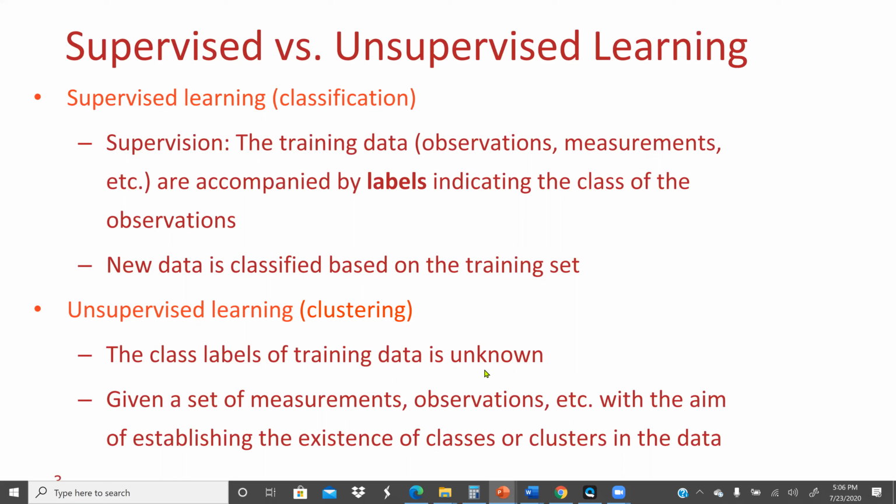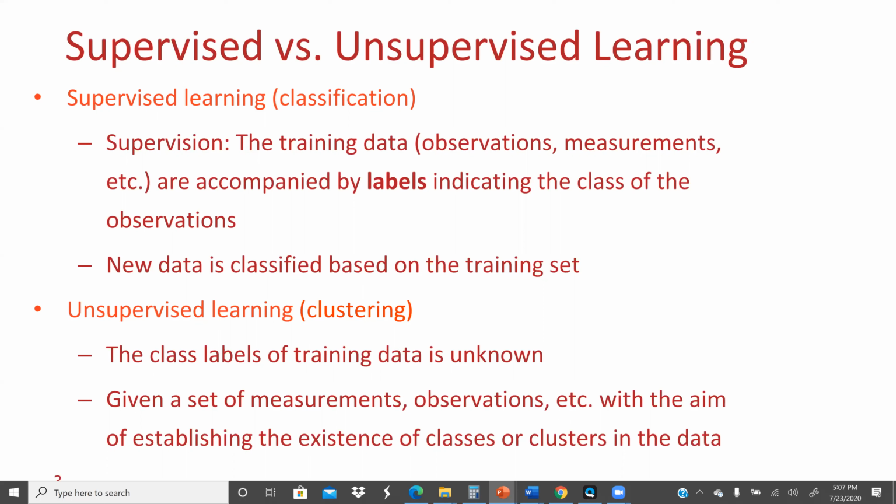So again, we don't have a training data set with the class label. In clustering, we are not going to build a model, but rather we're doing more or less data segmentation. We are finding similarities in the data set. Any values or data that have the same similarity, we group them as one cluster.